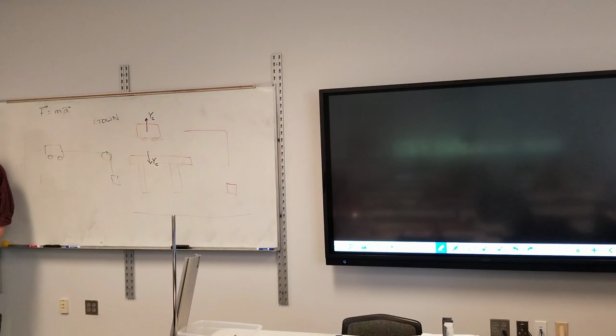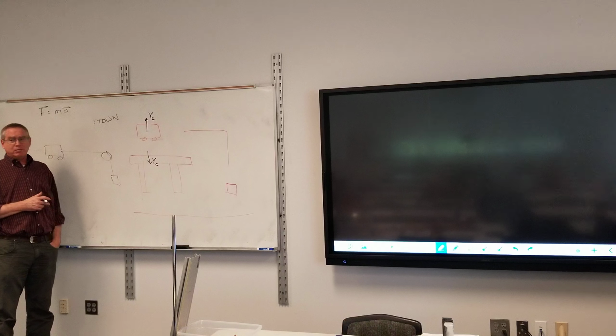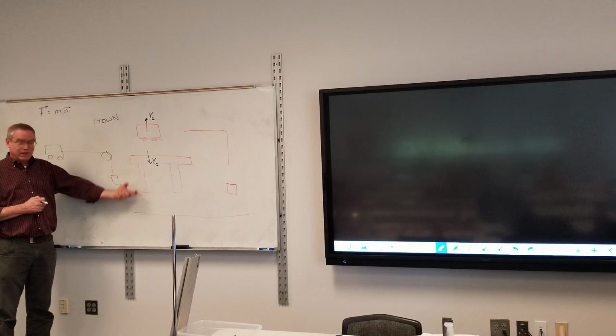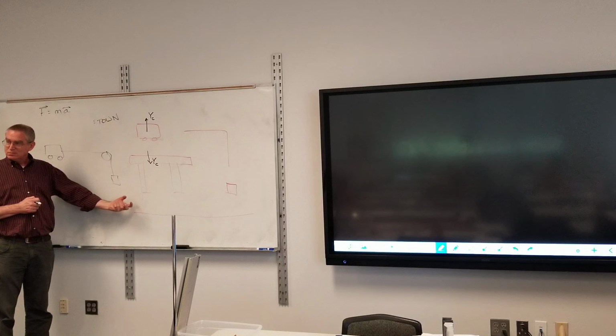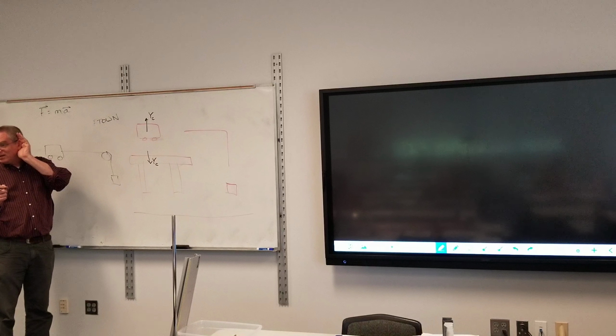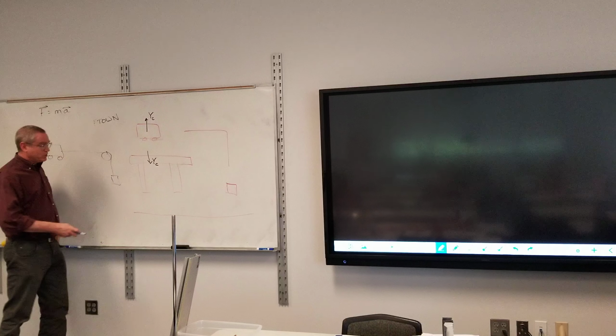Okay, another pair of normal forces. The table on the ground. All right, which way is it acting on the table? Down. So the ground's pulling down on the table? Or up, it's one of those two. The table pushes down on the ground. Table does push down on the ground.